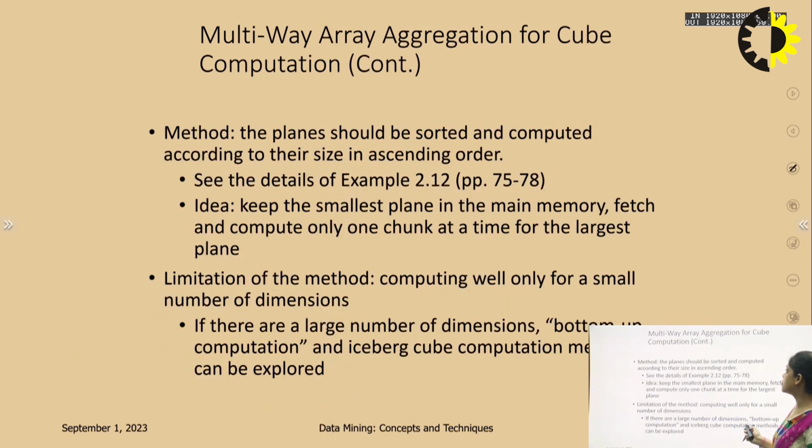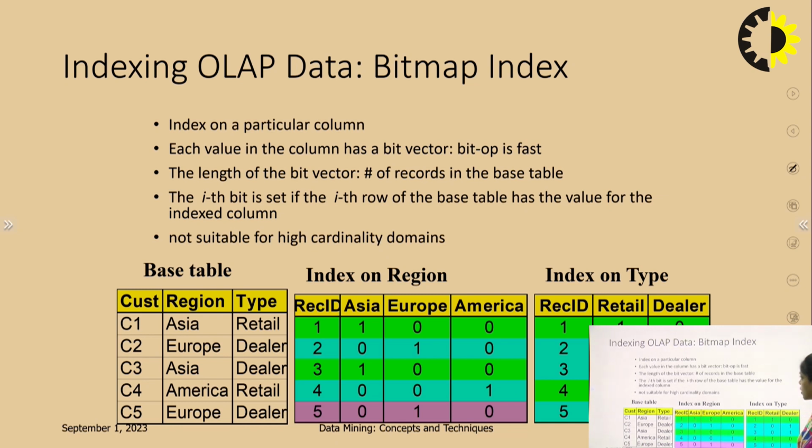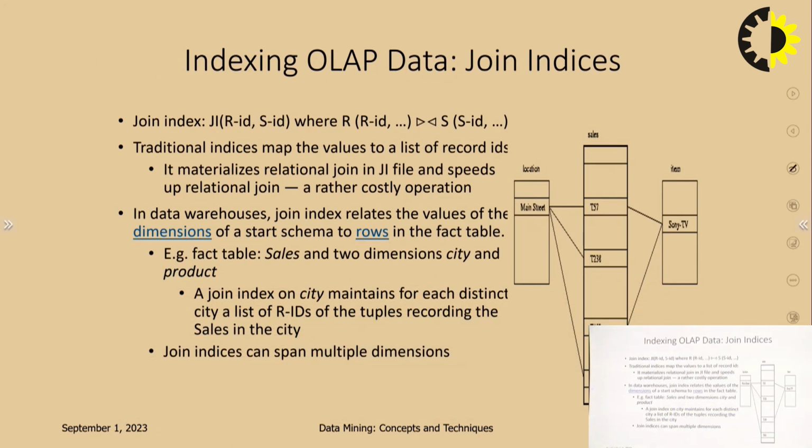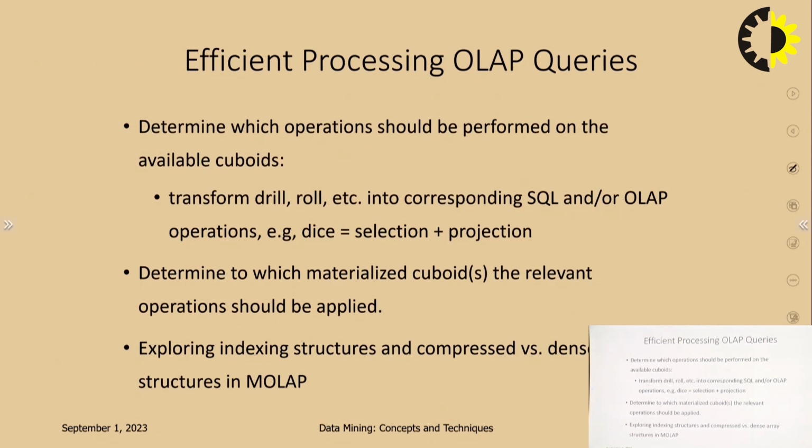So these are some of the important examples. Here it is, indexing OLAP data and bitmap indexing. So all these things come under the category of OLAP.